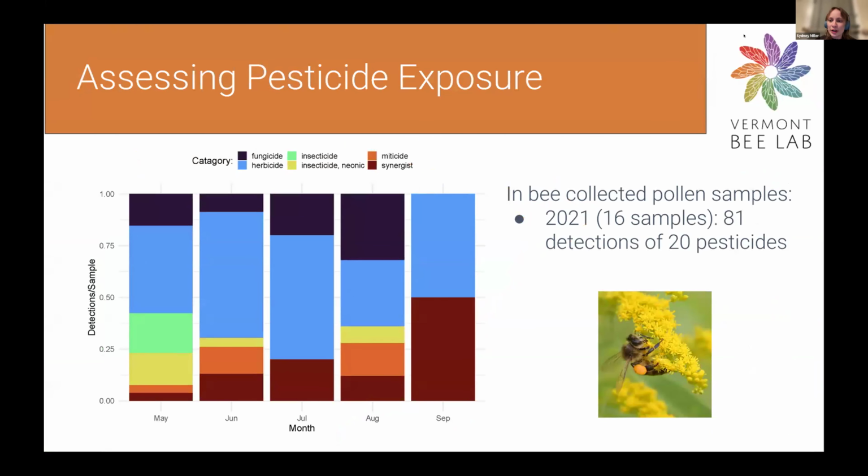The onboarding of FieldWatch really came from a realization that our honeybees are becoming exposed to a variety of different combinations of pesticides between fungicides, herbicides, insecticides, and of course, miticides that we're putting in our colonies. This is from the Bee Lab's first pesticide monitoring batch of samples back in 2021, where we tested a pilot set of 16 samples and found 81 detections of 20 different pesticides.